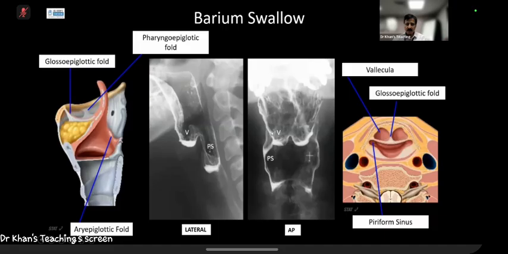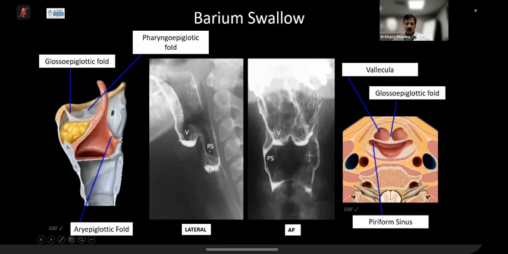Right and left, there is air space. This is the valleculae, and on a diagram or CT scan, it will look like this. By definition, the valleculae are a part of the oropharynx. They sit just posterior to the tongue base.